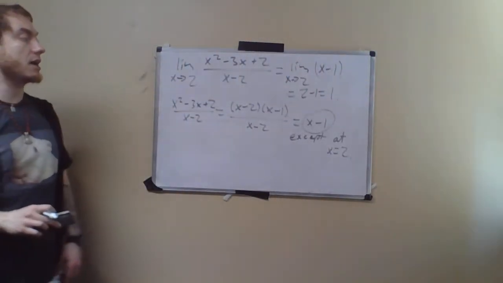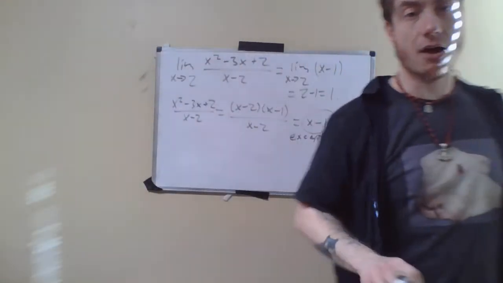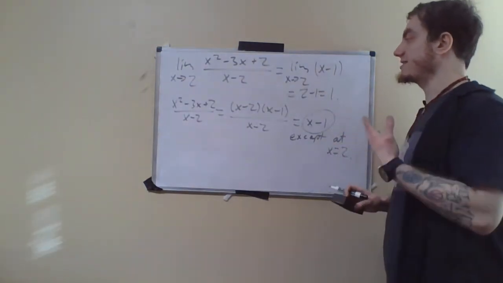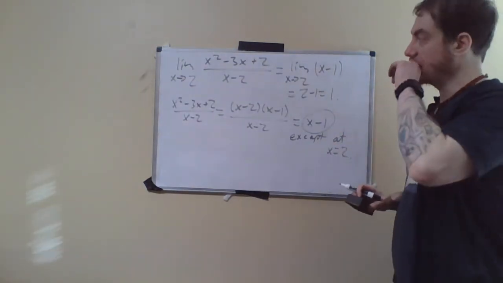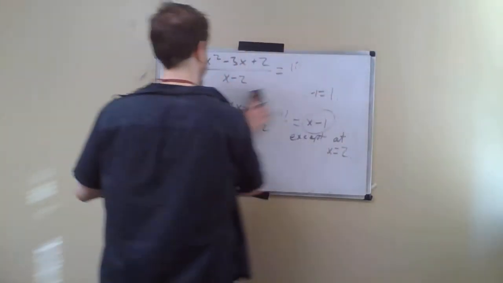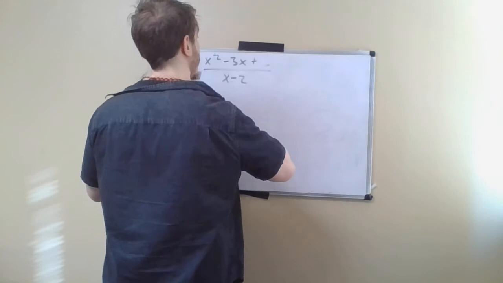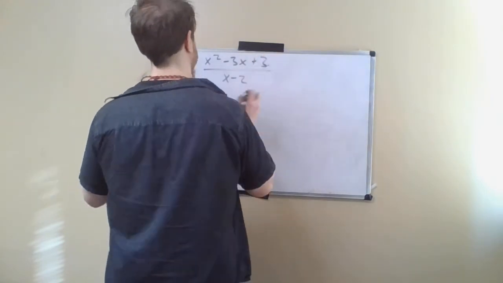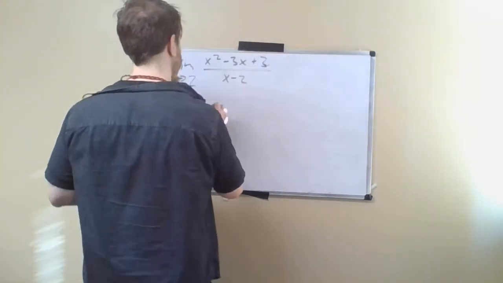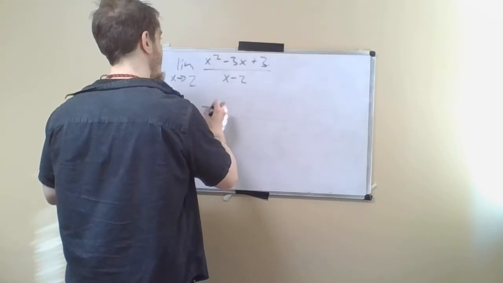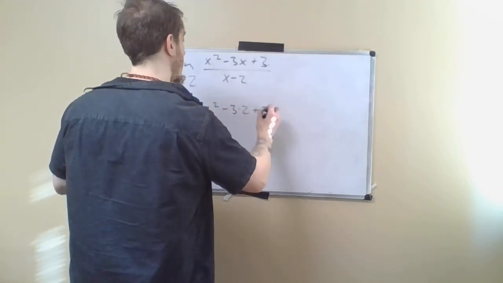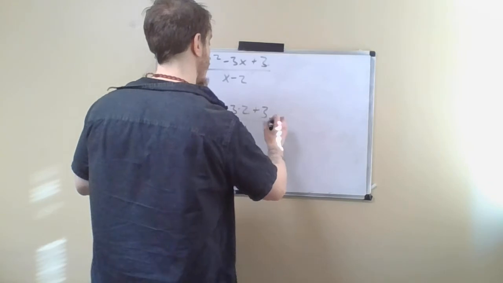In fact, if you can cancel things out, you make the evaluation process simpler no matter what. Now, let me just go back really quickly and show you what would have happened if I'd left that as a 3. Then when we did the evaluation, we would have had 2 squared minus 3 times 2 plus 3 divided by 2 minus 2.